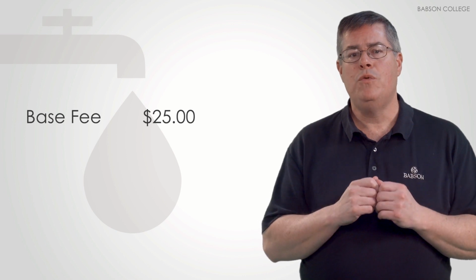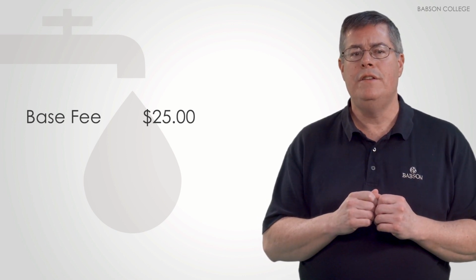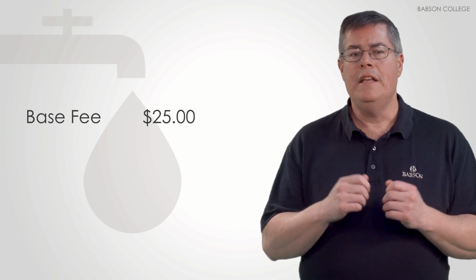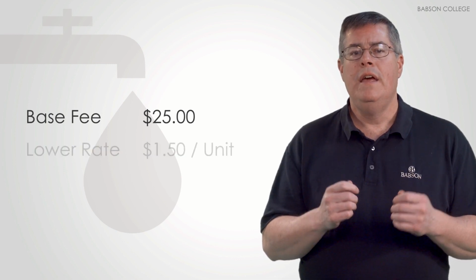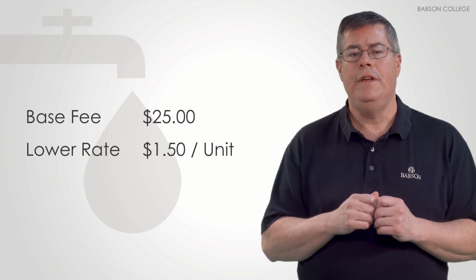Let's go over the specifics for our example, which is going to be the local water supplier. The first piece of information that we have is the fee of $25 that all customers pay just to be connected to the water system. The next piece of information that we need is how much users pay per unit of water, in this case $1.50.